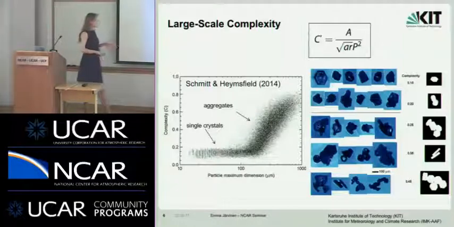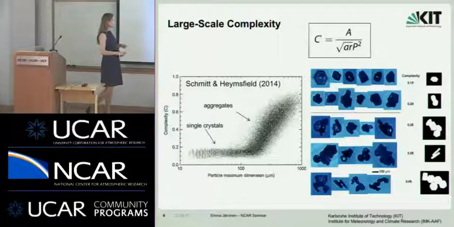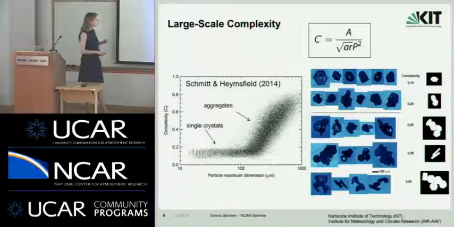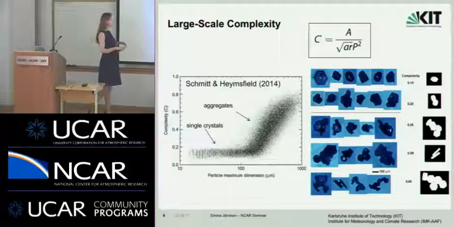But what we see here, if we plot this complexity parameter as a function of maximum dimension, is that single habits have pretty steady complexity values below a certain threshold, and aggregates have complexity parameters higher than this threshold.